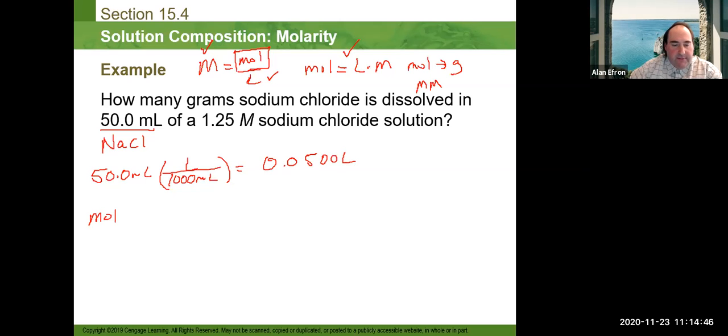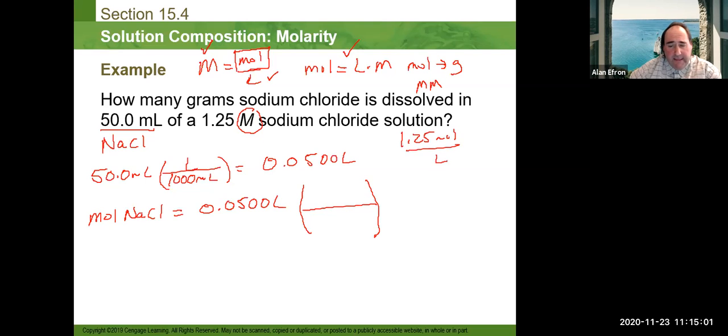The moles of sodium chloride will equal our volume, which is 0.05 liters, using our molarity here, the big M, meaning that we have 1.25 moles per liter. Again, it's always good to use both of those units in these calculations. I can't tell you how many times I've seen people have no clue where that part is. So it's always good to use both of them in the calculation of our sodium chloride. Liters here are going to cancel, and that's going to get us moles of sodium chloride.